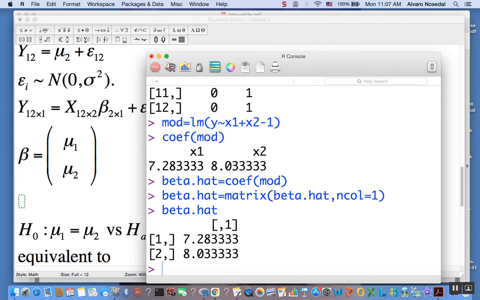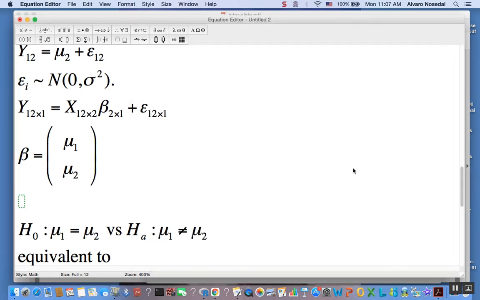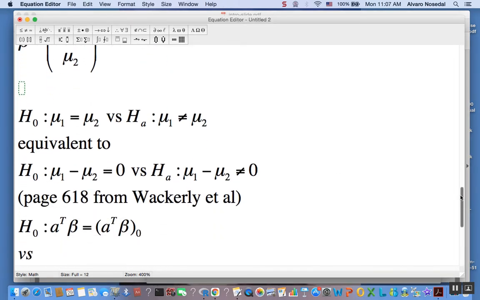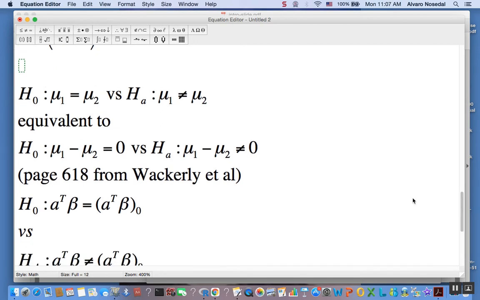Okay, now remember that to carry out that hypothesis test, we're going to be using that approach. It's just a linear combination of our parameters, of our betas. So we need that vector A transpose. And that A transpose is just going to be 1 minus 1, because if you do that, you end up with A transpose times beta, where beta is going to be formed by these two guys.